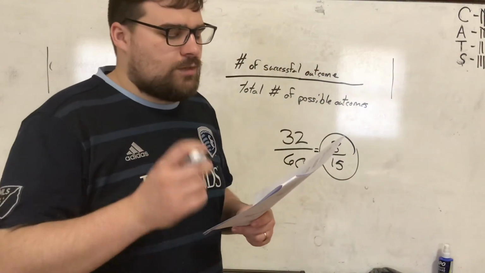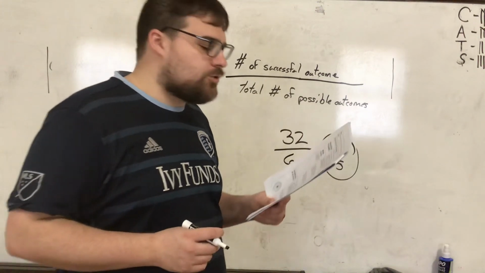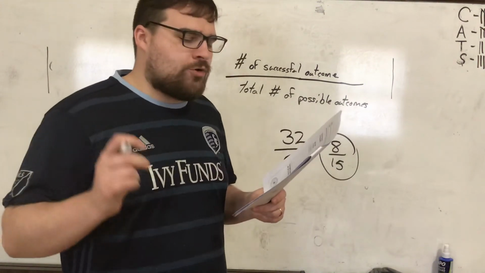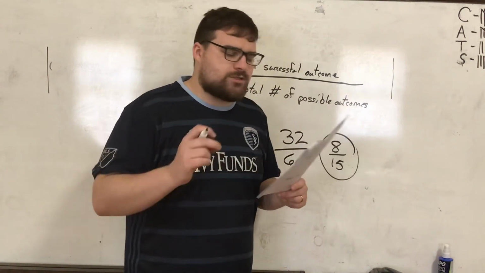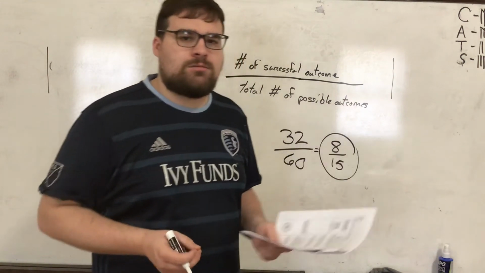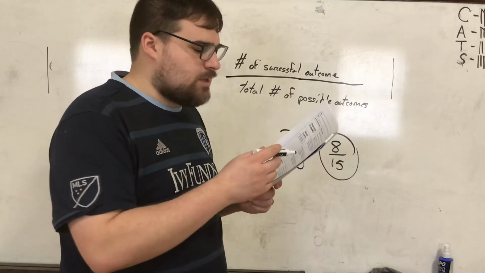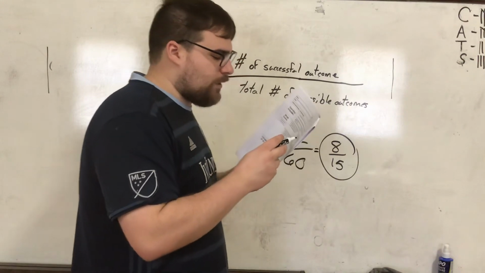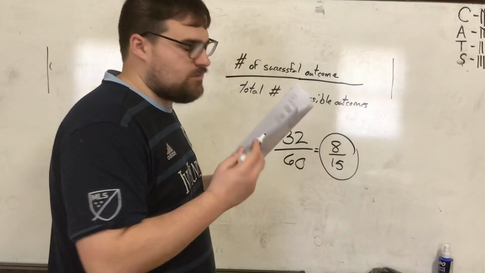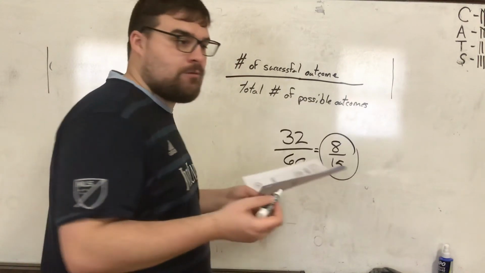Number 2 says a letter in the word restoration is randomly selected. What is the probability of selecting a vowel? Well, let's see. Restoration has how many letters? 4, 5, 6, 7, 8, 9, 10, 11 by my count. Hopefully that's not wrong.